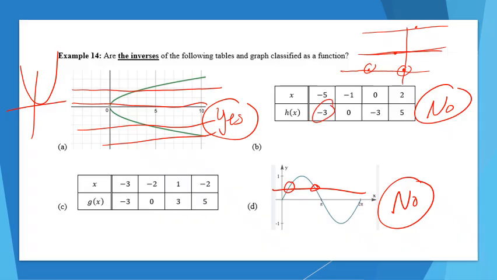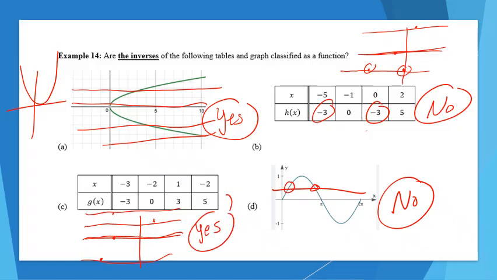If you see 2 of the same y values for an original function, you know the inverse is not a function, right? If we actually graph this, -3, -3, -2, 0, -2, 5, 1, 3, all 4 of these points would pass the horizontal line test. So yes, the inverse of this would be considered a function there.